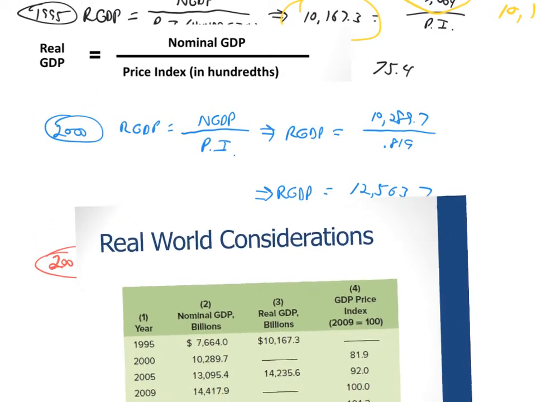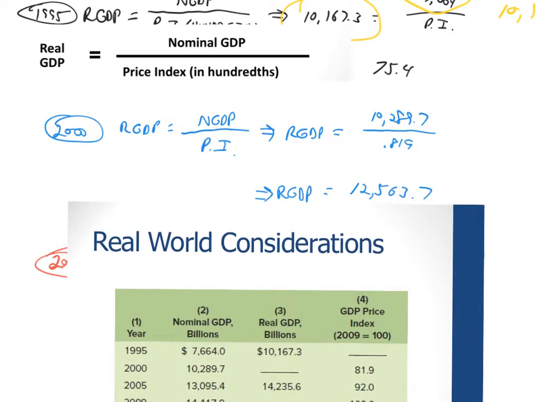Let me pull the numbers back up. There we go. So the nominal GDP is given to us. That's the 10,289, and that is right there.